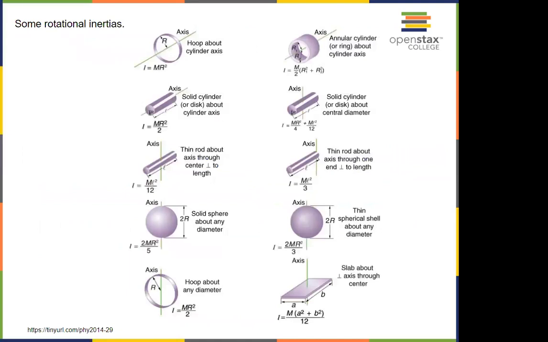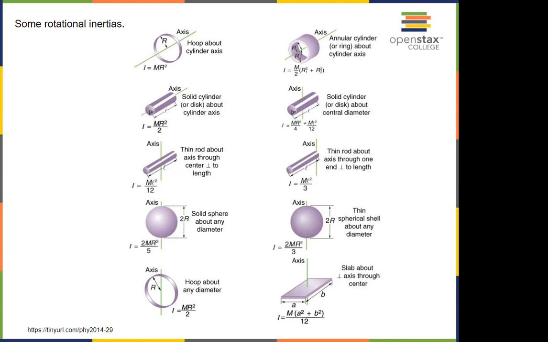If you are given a regular shaped object in a problem, then the moment of inertia for the regular object can be found here. Again, it depends on the mass and the mass distribution, or we can put it this way: it depends on where your axis of rotation is, because the axis of rotation defines the distance of each part to that axis, the r.